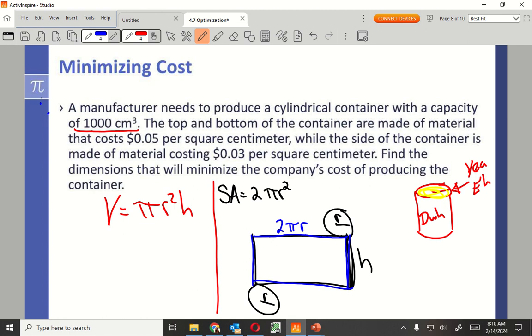So to get just the surface area here, I need to figure out that area, and that's going to be my total surface area. Two pi r times h. And now I have the whole surface area of the can.